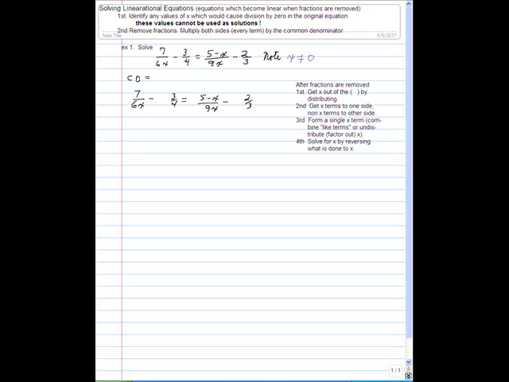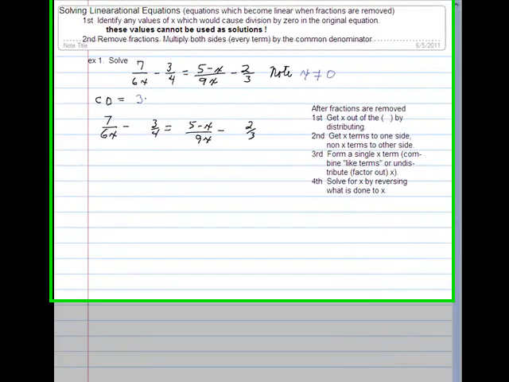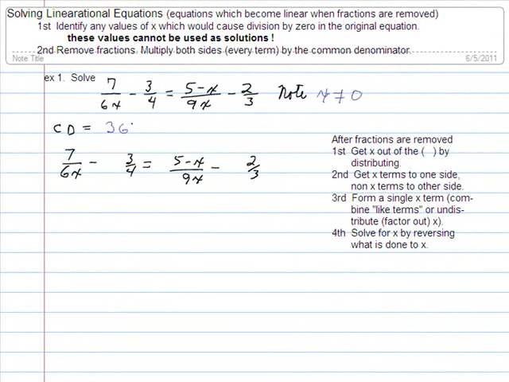So we go to 3 times 9, 27. 3 will divide 27, but 6 won't, so we try 4 times 9. 4 times 9 is 36, and all of the number parts divide 36. 6 goes into 36 6 times, 4 goes into 36 9 times, 9 goes into 36 4 times, 3 goes into 36 12 times. So the common denominator number part is 36.